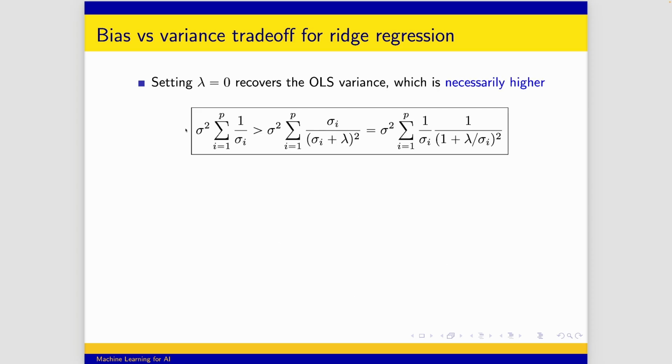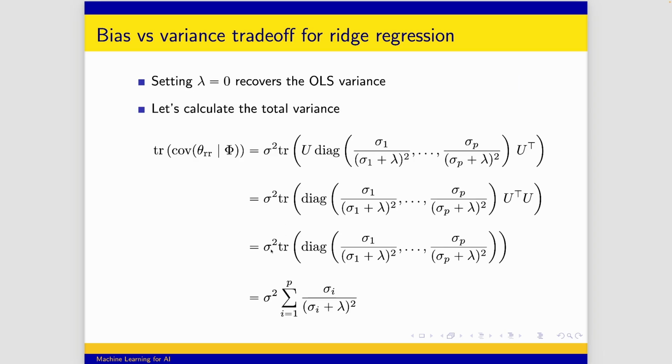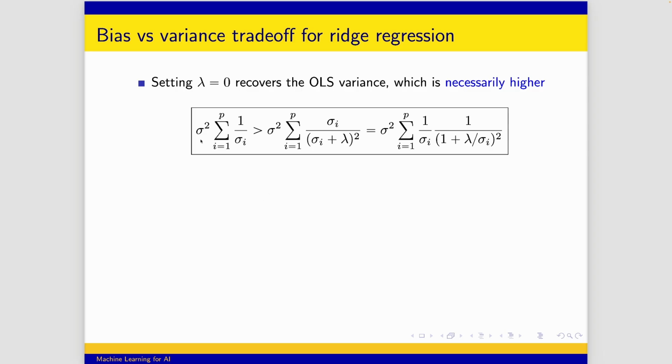Right? Now, if we set lambda equals 0 in here, we will get the ridge total variance. And what is that? It's simply sigma squared times the sum of the reciprocals of the eigenvalues of phi transpose phi. And this has to be greater than the total variance we just calculated for theta ridge, which is this thing here.